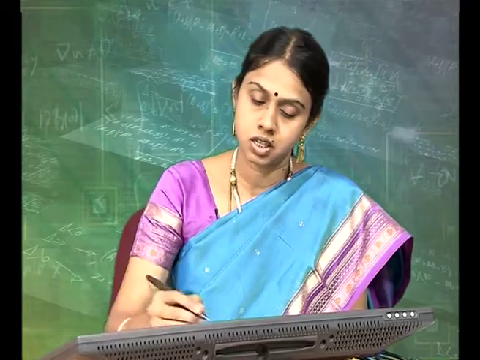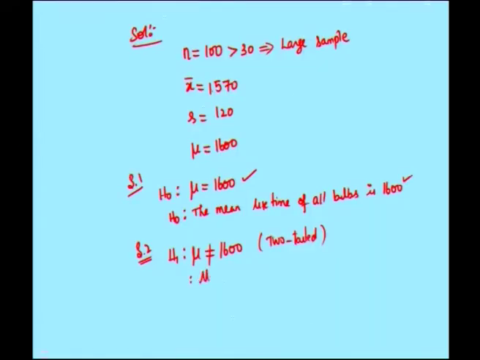Since nothing is mentioned, it is neutral and we can take mu not equal to 1600. So, H1 in words is written as mean lifetime of all bulbs produced by the company is not 1600. This is your H1 in words.